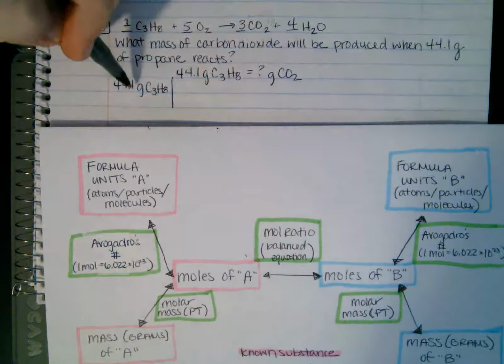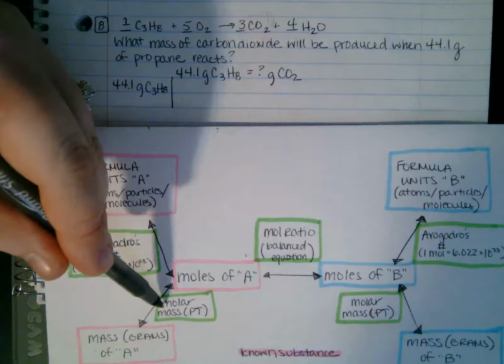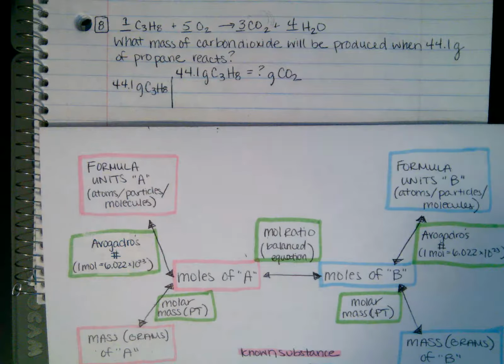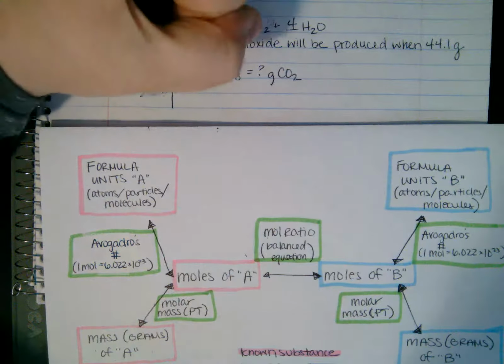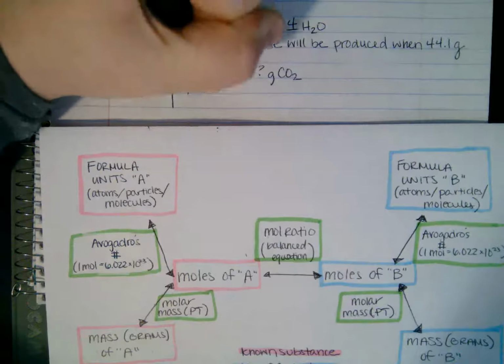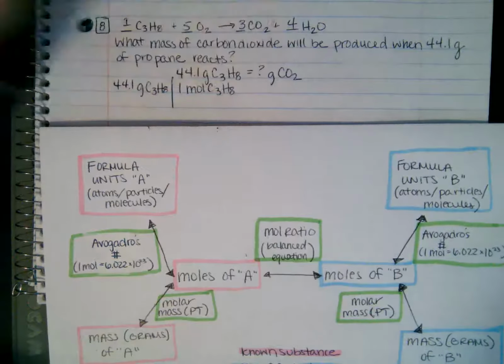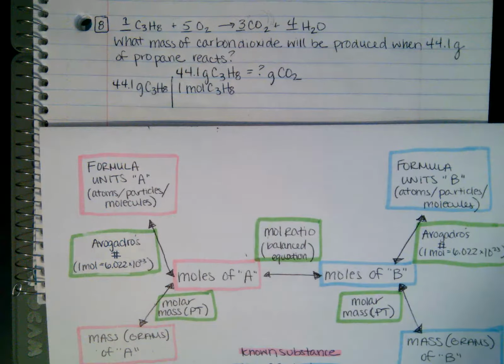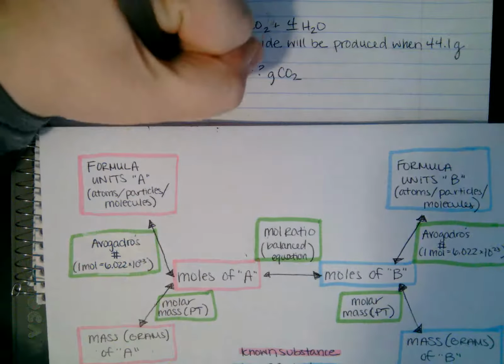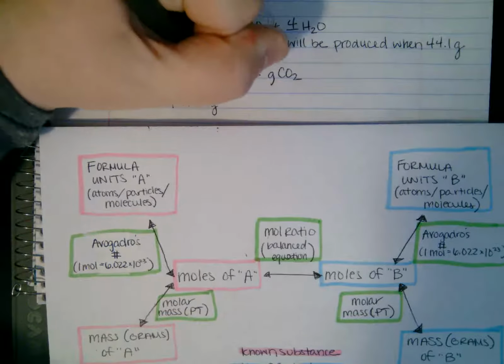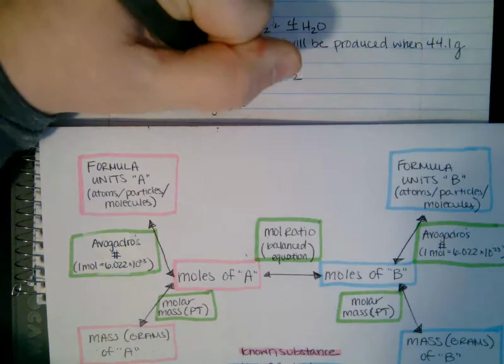So that's what we're starting with. And we said that first conversion factor is going to be the molar mass. Well, we found in number 7 that 1 mole of propane weighs 44.09 grams.